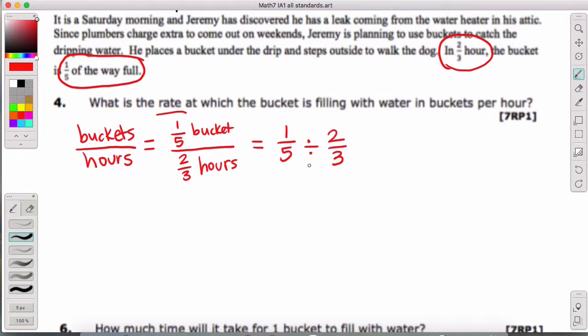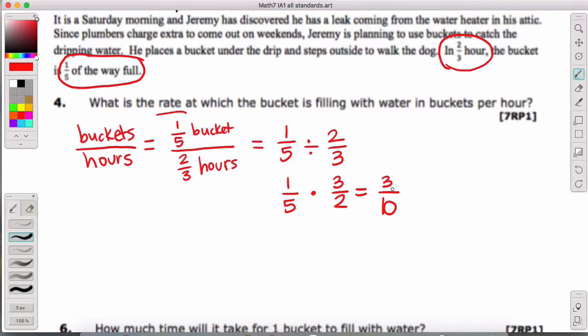How do we solve that problem? You've learned in 7th grade math this year that you go stay, flip, flip is one way of expressing dividing fractions. So 1/5 stay, flip division to multiplication, and flip 2/3 to 3/2. So when we divide by a number, that's the same as multiplying by its reciprocal. So 1 times 3 is 3, and 5 times 2 is 10.